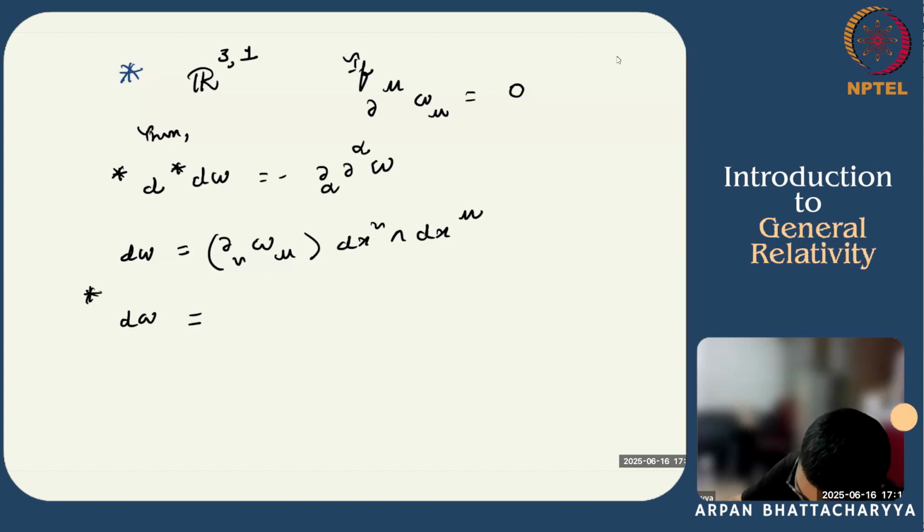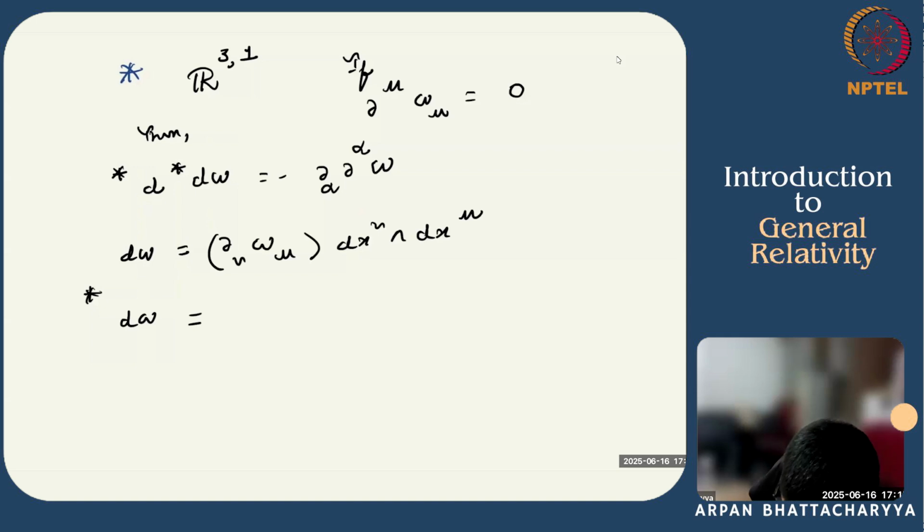So already, this is a 1-form, so this becomes a 2-form. Star of it will give you a d minus 2 form. So d is now 4, so it gives another 2-form.